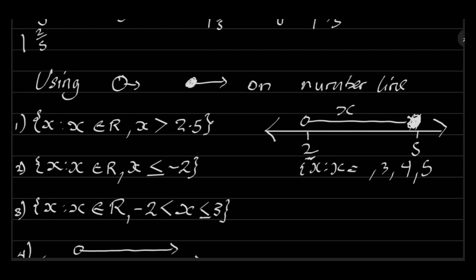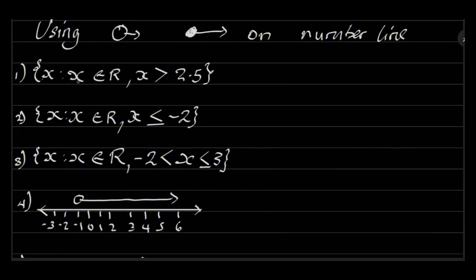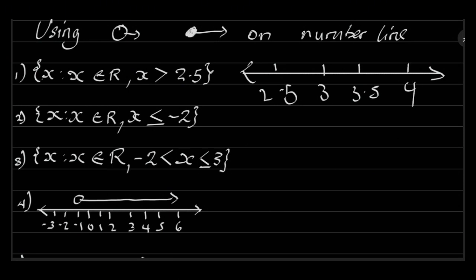Okay, so let's do it for the questions we have here. Here we are being told that x is a subset of real numbers. The symbol here is subset, but x is supposed to be greater than 2.5. So we are going to draw our number line. We would put 2.5 here, followed by 3, 3.5, 4. So x is supposed to be greater than 2.5.